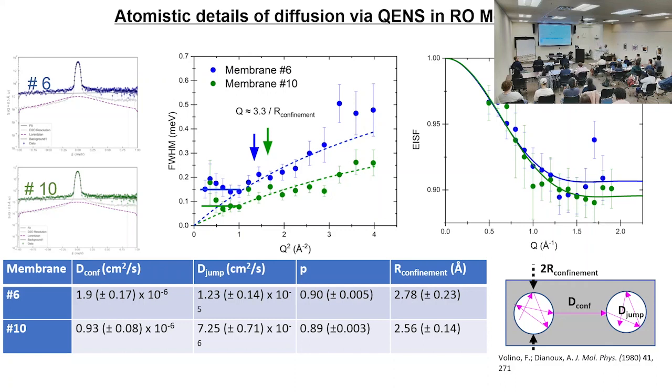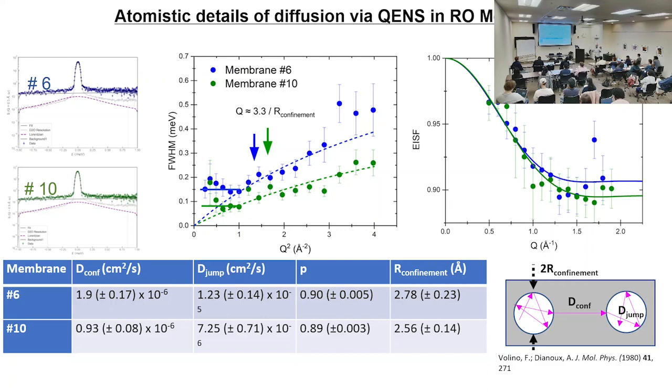So again, we looked at the EISF. You can see EISF is non-zero, so that means water dynamics is confined. Okay, so we can fit this data, and for this purpose we chose a Volino model. This model assumes that water is diffusing within a sphere. So depending on your Q value, if you are inside, then water will be diffusing normally. So you have jump diffusion type of model predictions, right?